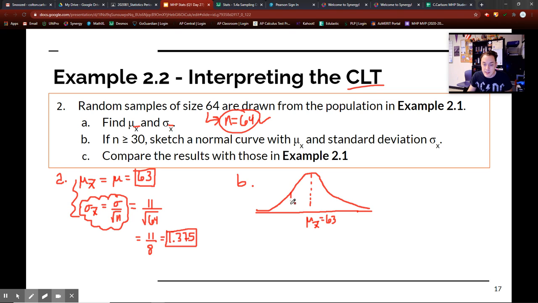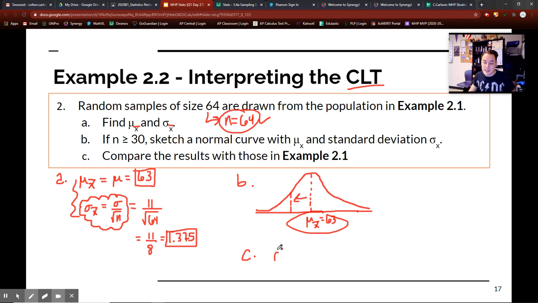And then my standard deviation will be about 1.3 something, so the marks will be like 61.6 or 61.7 and so on. You don't necessarily need to write that, though. It's going to be very simple as long as you know that that's your new mean, the mean of your sample means, and it goes in the middle. Then you'll be fine.